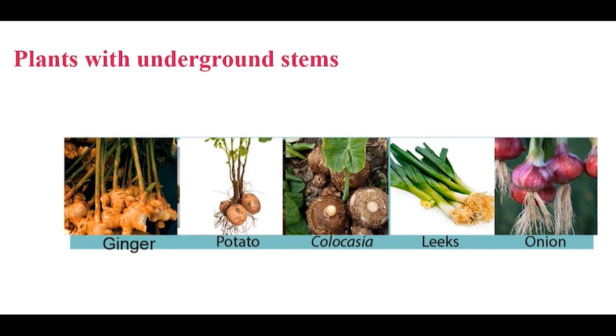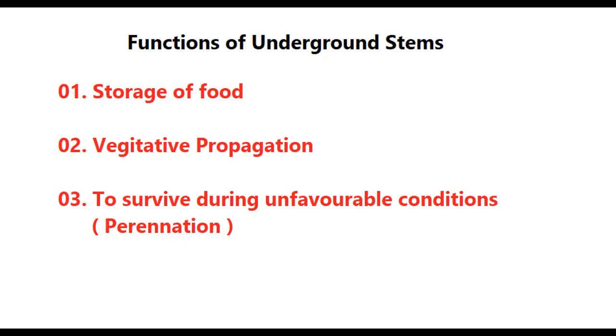Is there any function done by these underground stems? There is. Even in the lab I told you that ginger and potato store food in their underground stem. Therefore, one main function done by these underground stems is storage of food.